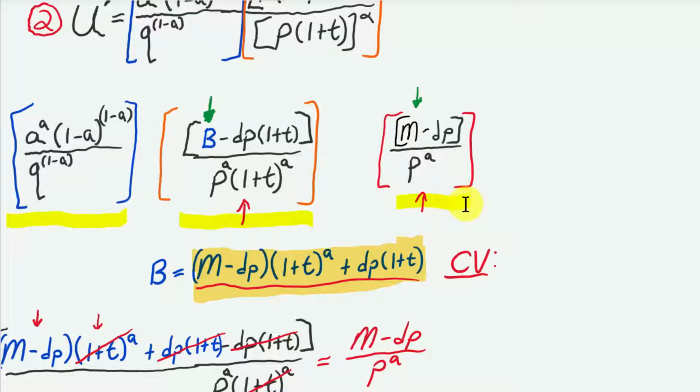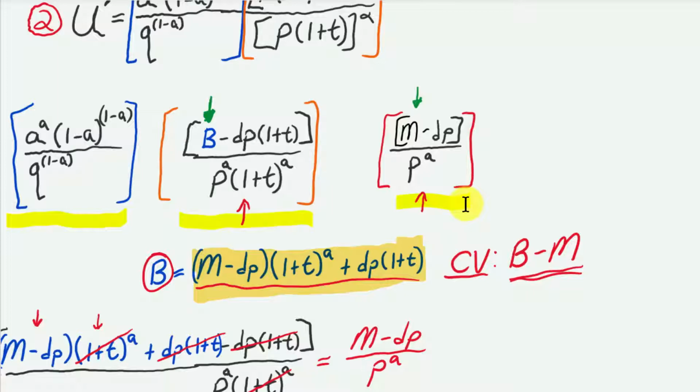So the compensating variation is going to be this new budget minus the old budget. So what we're going to have to do if we just want the compensating variation is to subtract m from that. And that's easy enough to see what that would look like. All right? So just the compensating variation is this expression for B minus m.